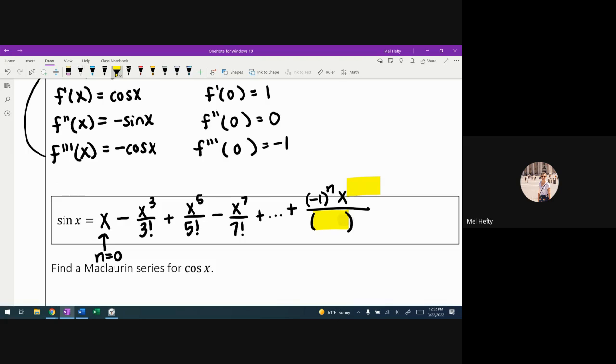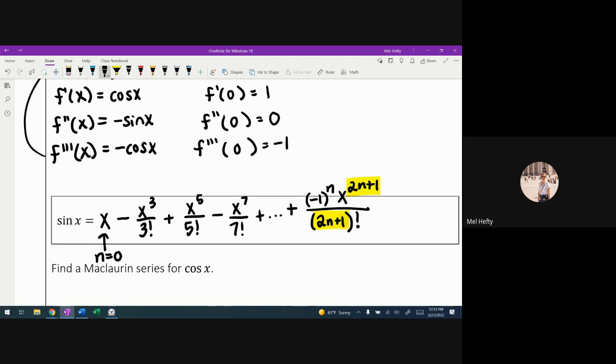When I plug in 1, I get 3. When I plug in 2, I get 5. When I plug in 3, I get 7. Does anyone have 2n plus 1? Let's see if it works.